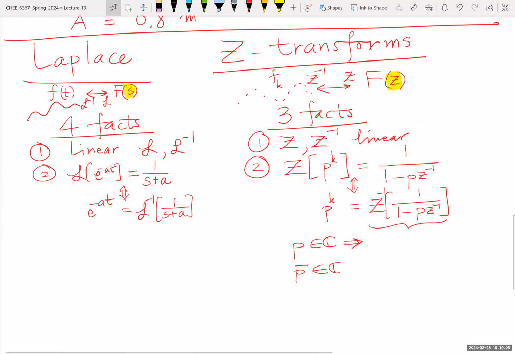So because that value of Z equal to P makes the denominator 0, P is called a pole. So poles are the values of P that make the denominator 0.